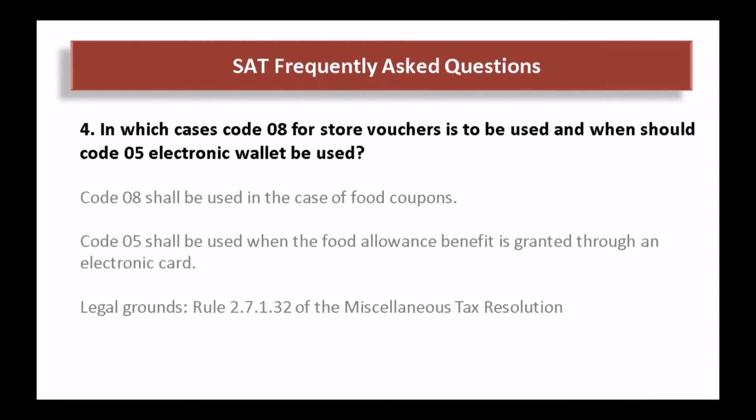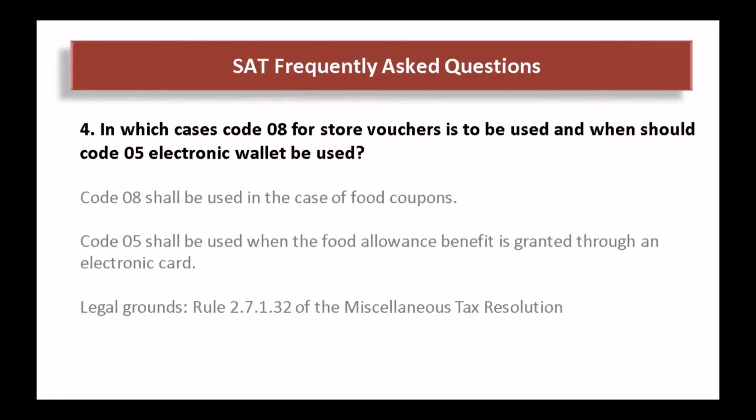Another frequent question is, in which cases Code 8 for food coupons is to be used, and when should we use Code 05 electronic wallet? Here the authorities are making a difference: Code 8 should be used in the case of food coupons, and Code 05 shall be used when the food allowance benefit is granted through an electronic card.